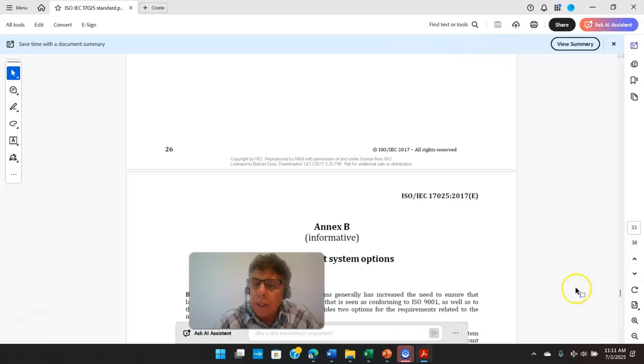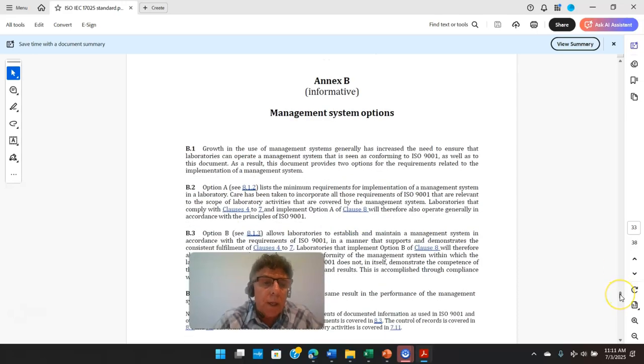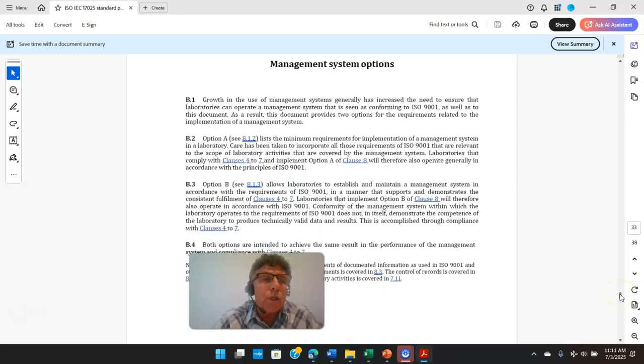So you'll notice in Annex B that it talks about option A, option B. Basically what it's saying is that due to the growth of general management systems, there has been an increased need in adopting the requirements of ISO 9001.